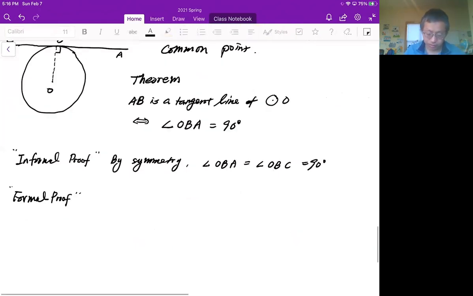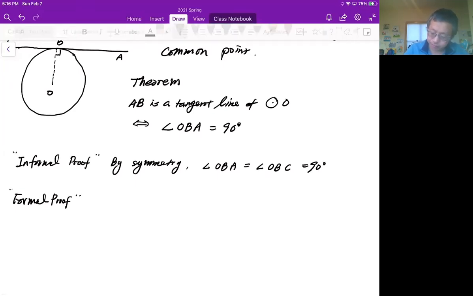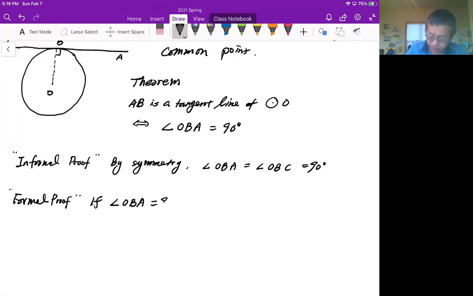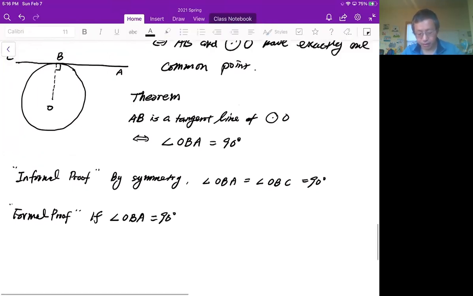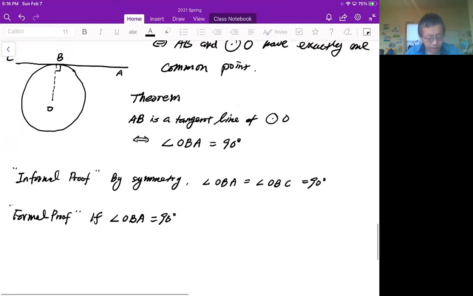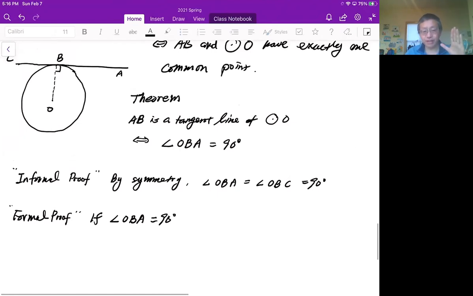So the formal proof is that, suppose the angle OBA is 90 degrees. If it's 90 degrees, I want to prove that AB intersects the circle in exactly one point. You don't have any other points. That's what I want to do.